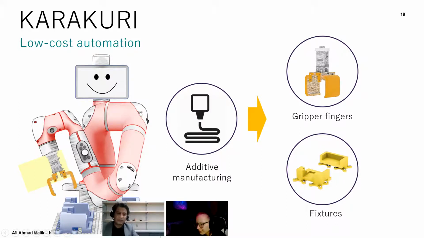The new approach of implementing this in robotic automation is this: when you buy a robot gripper, for example a two-finger gripper, there will be two small fingers at the end of the gripper. Of course, they will not fit all the components that you want to manipulate with the gripper.